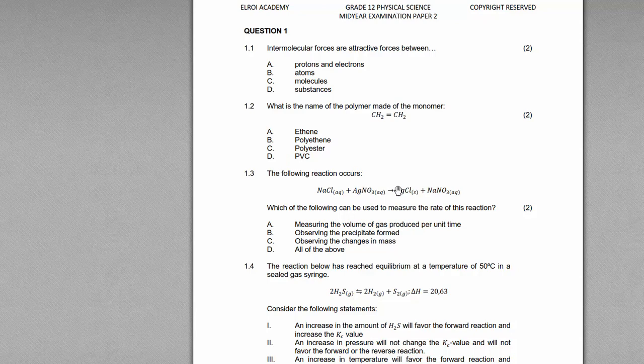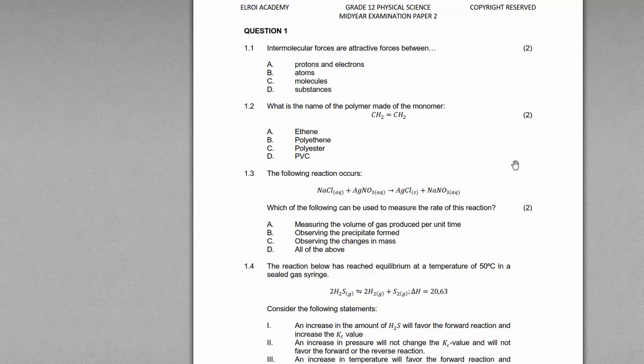The following reaction occurs. Which of the following can be used to measure the rate of this reaction? So depending on what the products are, we can measure the rate of reaction. For example, if there's a gas, the gas will escape.